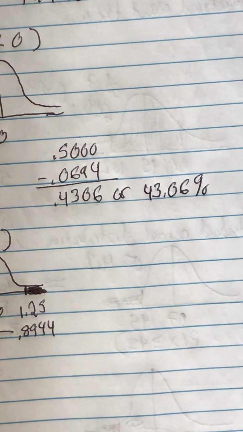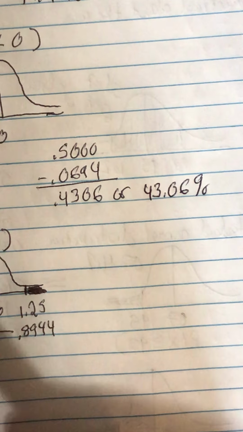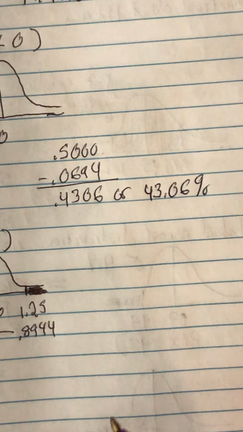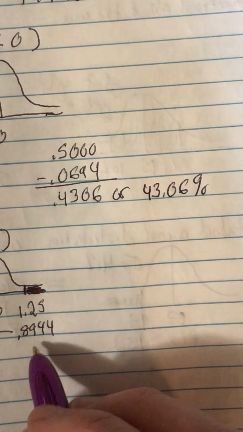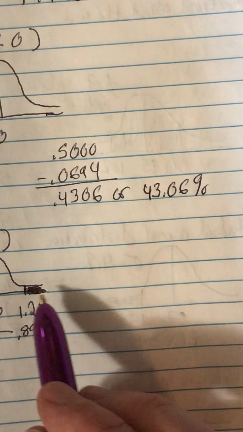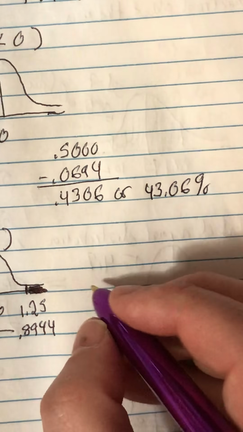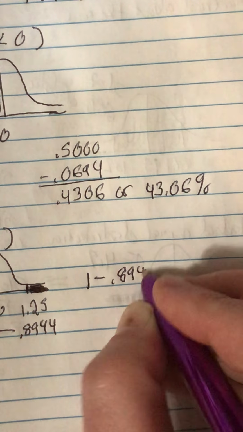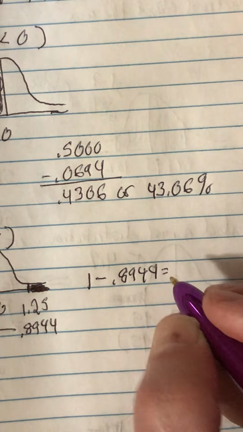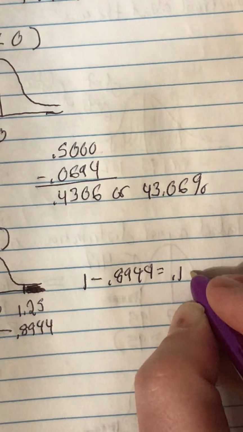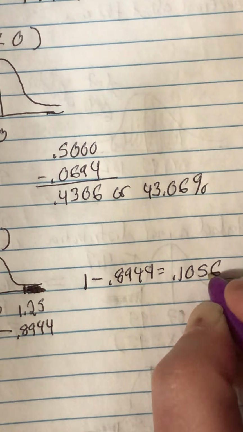Well, that's pretty straightforward. What's the entire area of this curve? It's 1, correct? So all I have to do is subtract 0.8944, which is everything to the left of my z-score, from 1 this time. So I have 1 minus 0.8944, which turns out to be 0.1056.